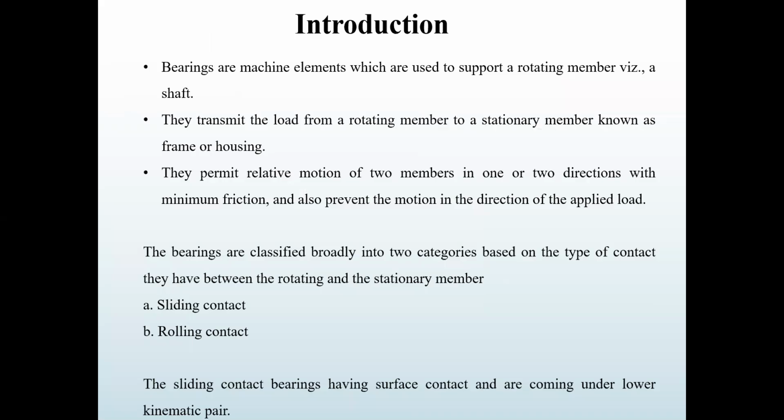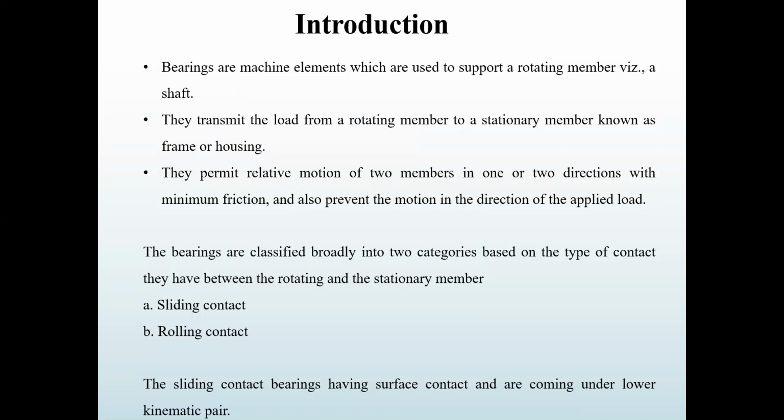Basically, a bearing is nothing but a machine element which can be used to support a rotating member via a shaft, and it can transmit the load from the rotating member to the stationary member, which is known as a frame or housing.